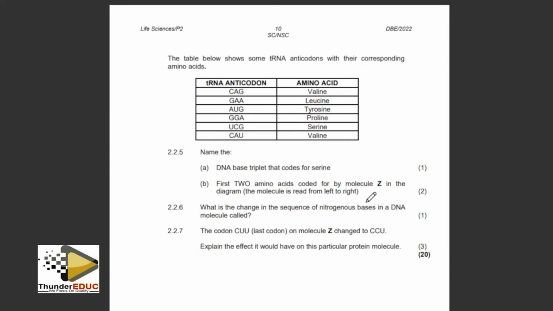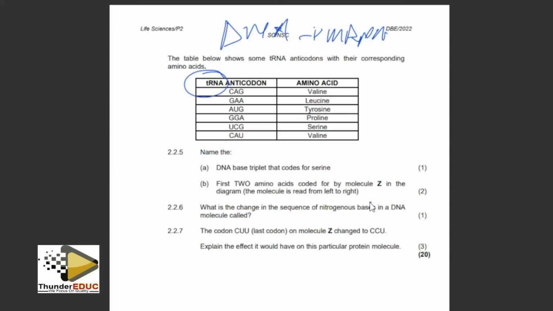The trick which is here, please check and see what is there. If they say this is DNA and they gave you DNA at the beginning, then you don't need to change. If they give you DNA and what is here is transfer RNA, you have to change it to messenger RNA and then to transfer RNA.